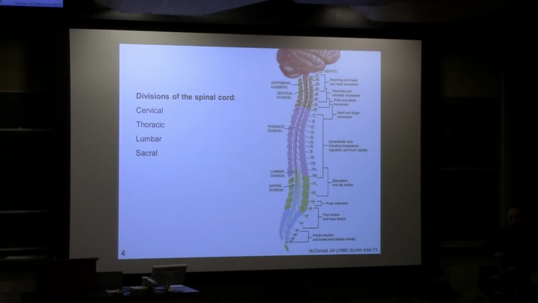But the nerve that's leaving the spinal cord that's going to travel to control your diaphragm leaves it very high up. And you might ask the question, why? Why does the nerve that's going to control the diaphragm, that's going to control your breathing, leave the spinal cord at the level of the C2, C3 cervical segment?